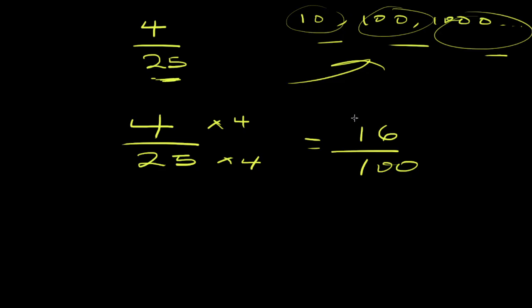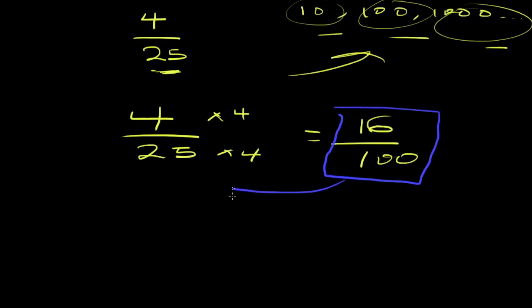Now, after getting the 16, I'm going to rewrite this, sorry. So after getting what we had here, which is 16 over 100, what we're going to do is take this 16 over 100 and change it to a decimal.